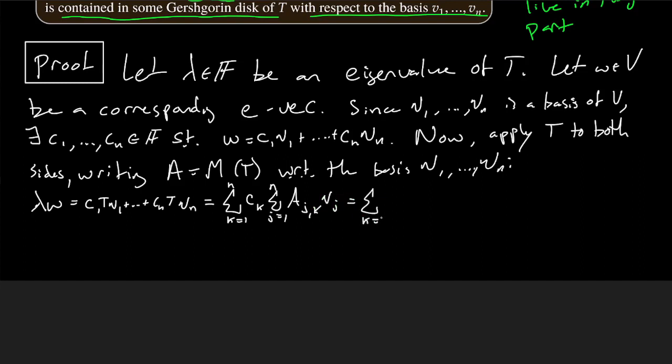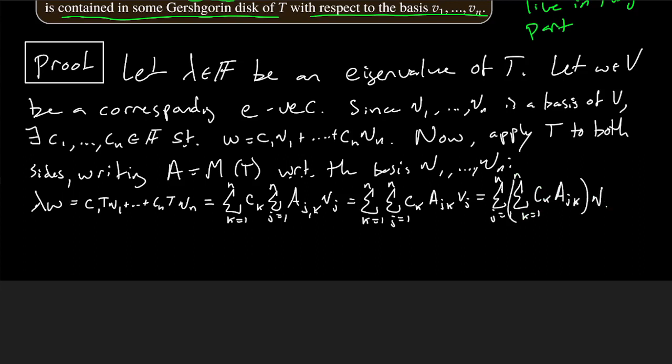I have a sum from k equals 1 to n of the sum from j equals 1 to n, since I can always distribute multiplication across a sum, of ck a_jk vj. And since it doesn't matter what order I sum things up, I can switch these two sums around, and I get a sum from j equals 1 to n and a sum from k equals 1 to n of ck a_jk, and now I can pull it out of vj.